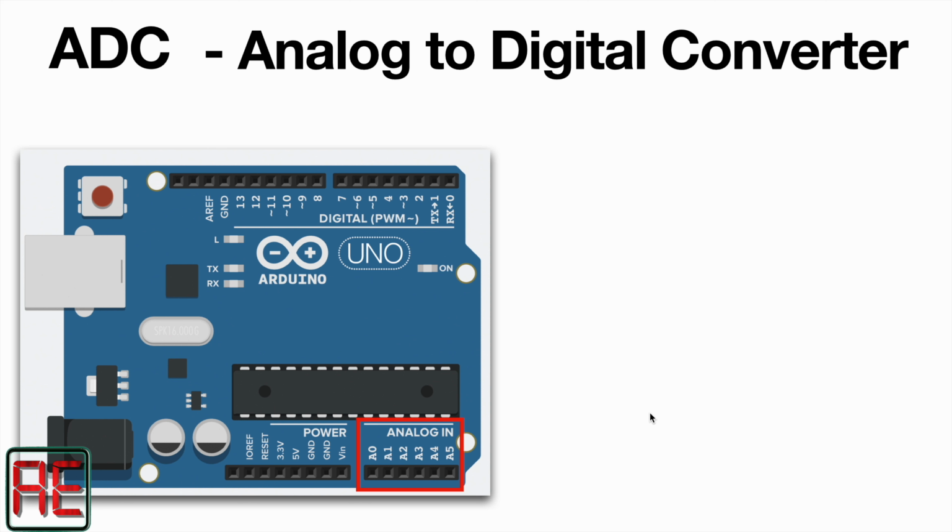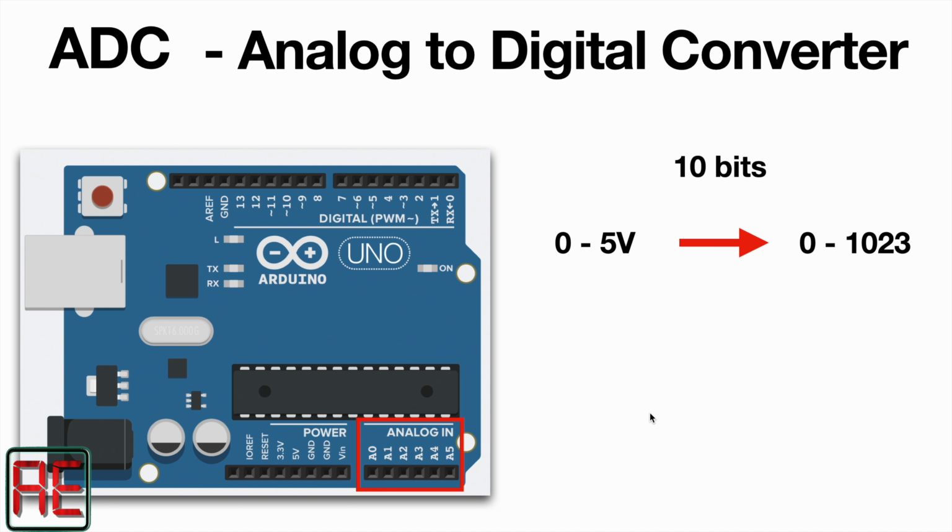The Arduino Uno has a 10-bit ADC converter, which means that the analog input signal that varies between 0 and 5 volts will be converted internally to a value between 0 and 1023. So if the analog input has 0 volts on it, the Arduino will convert this voltage internally to a digital value of 0.